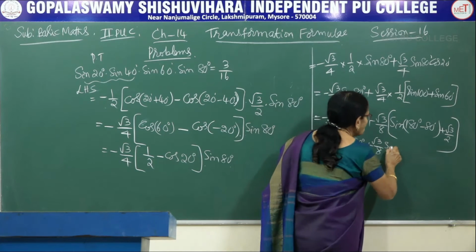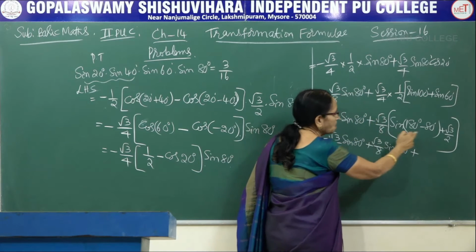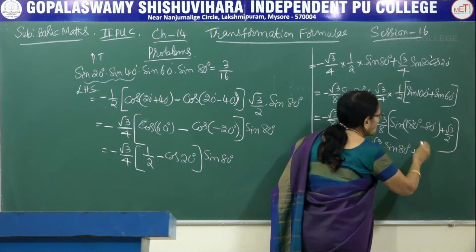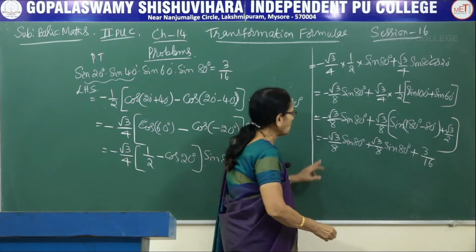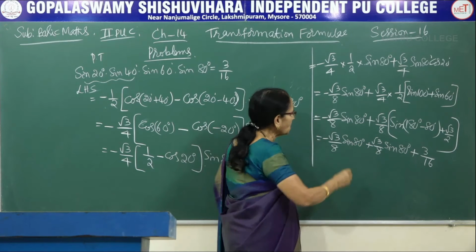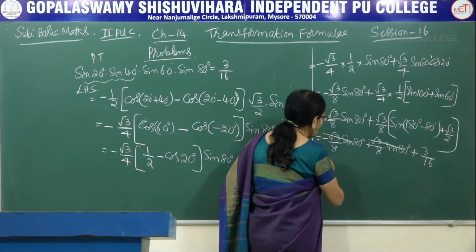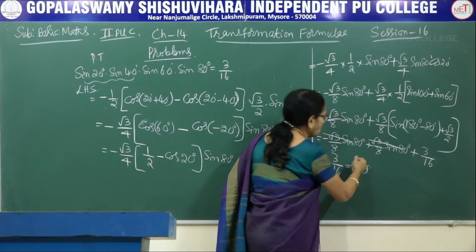It becomes sin of 80 plus root 3 by 8 into root 3 by 2. Root 3 into root 3, 3. 8 2s are 16. Now observe, minus root 3 by 8 sin 80 plus root 3 by 8 sin 80, they get cancelled. Hence we get 3 by 16, which is the right hand side.